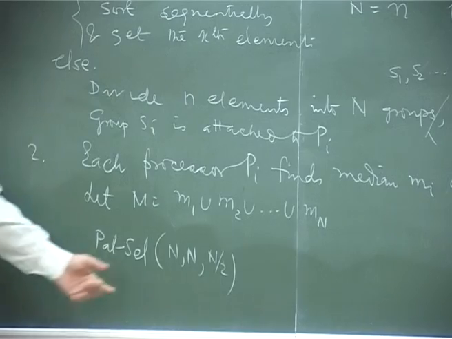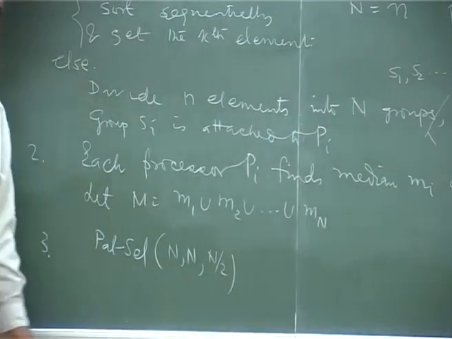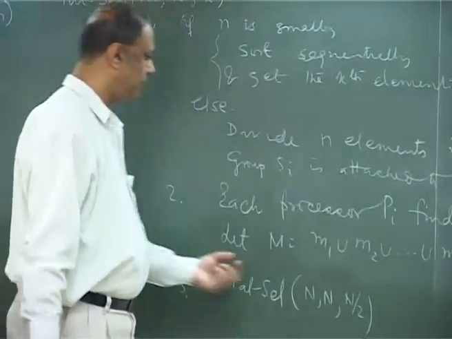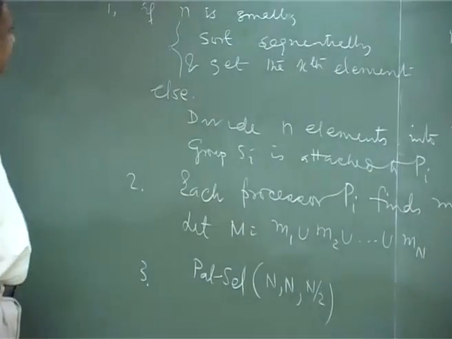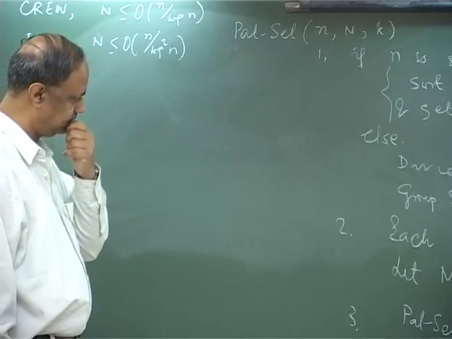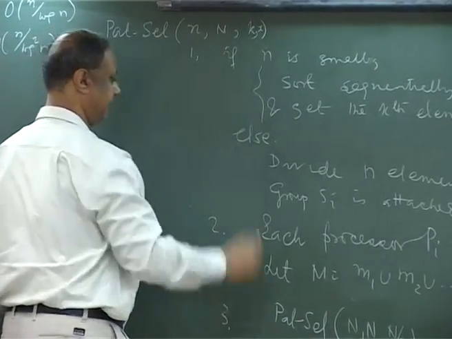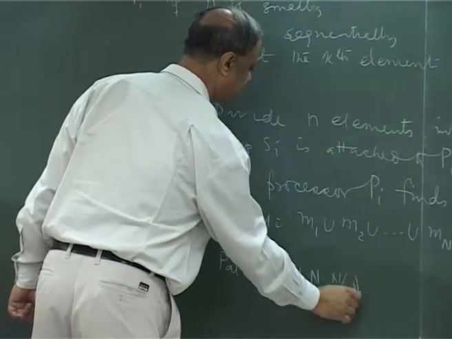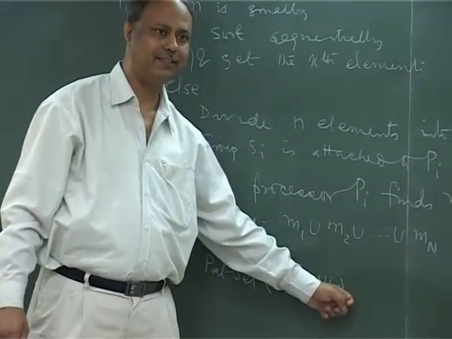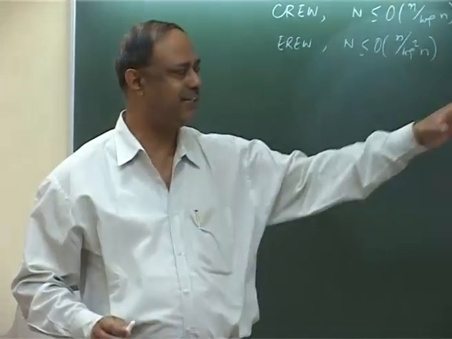So you have many more processors than the number required in reality. Through that you get, oh, actually I need the return thing, right? I put x here. Here also the return is x. So I got the N by 2th element, which is x. Now this x is your partitioning element to divide into the 3 groups.